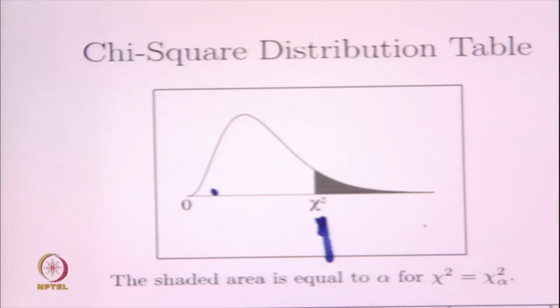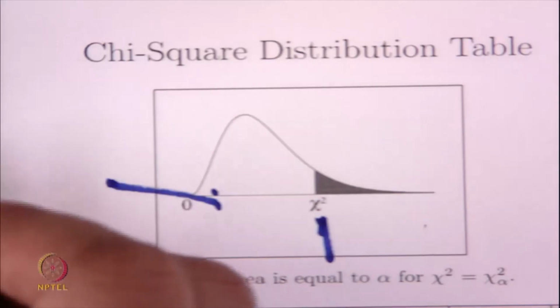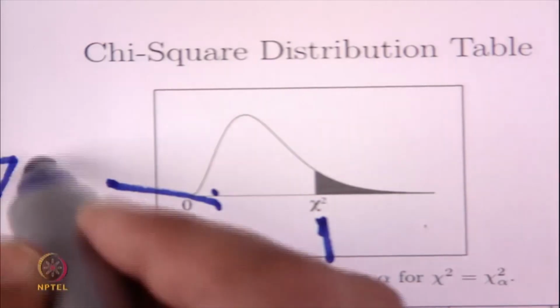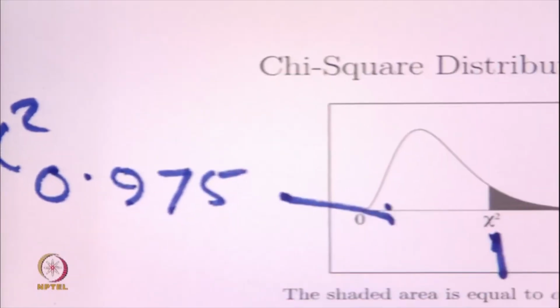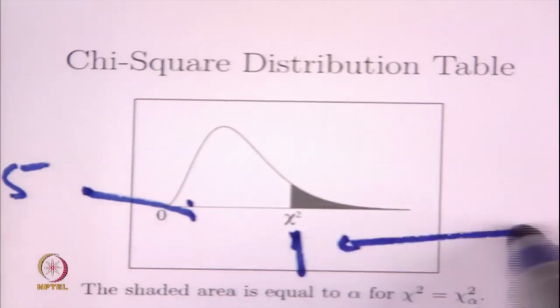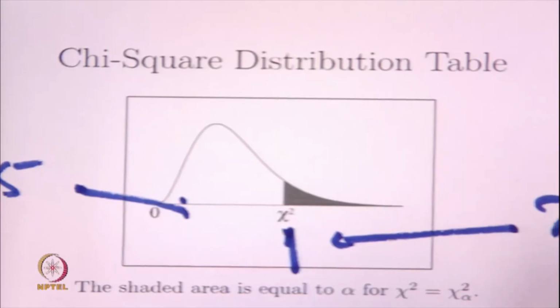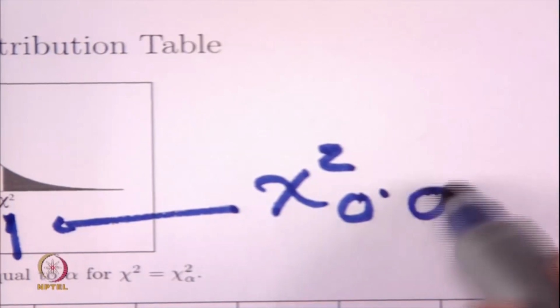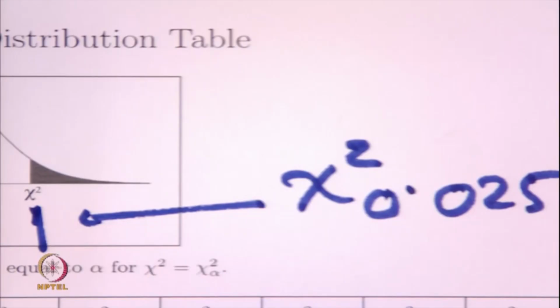or in decimal form, this value will correspond to chi-square with 0.975, and for this we are looking at the value for chi-square with 0.025. How do we get the values?